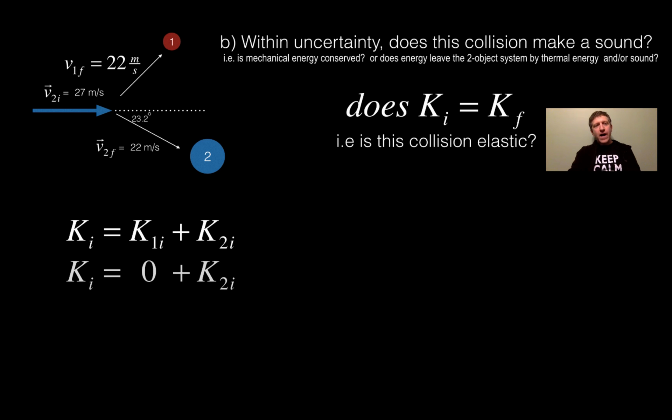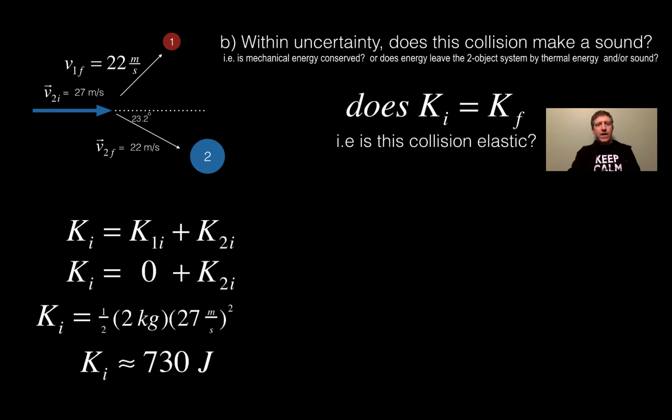And we can substitute 0 in for K1 initial. It was at rest when 2 slammed into it. So that goes to 0. So all we've got to do is find the initial kinetic energy of object 2. It was a 2 kilogram object moving at 27 meters per second. One half m v squared gives us 730 joules. That's to 2 sig figs. That's all I was given. So truly all I can use is 2 sig figs.